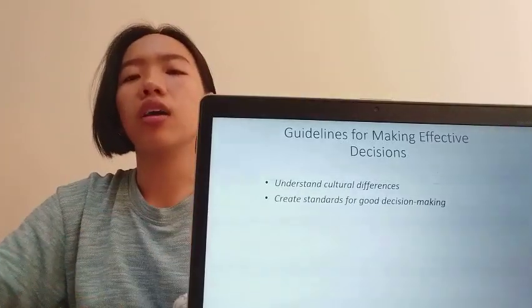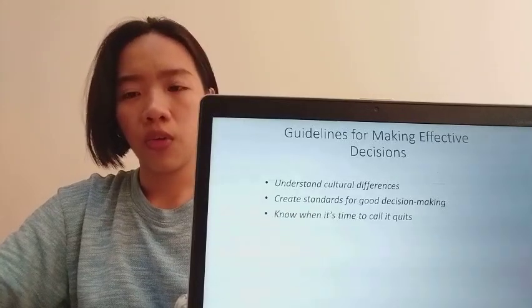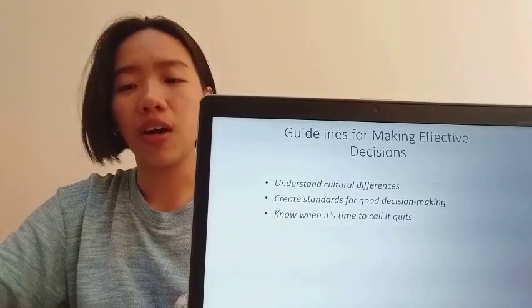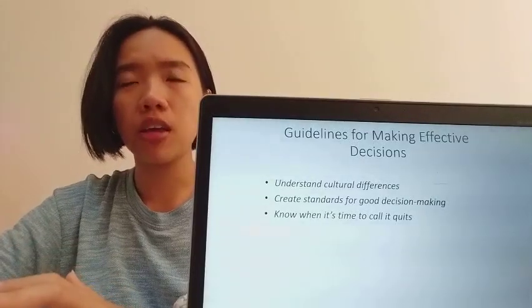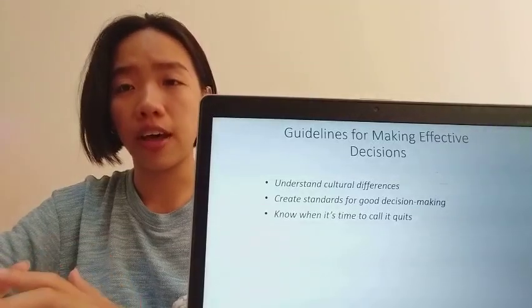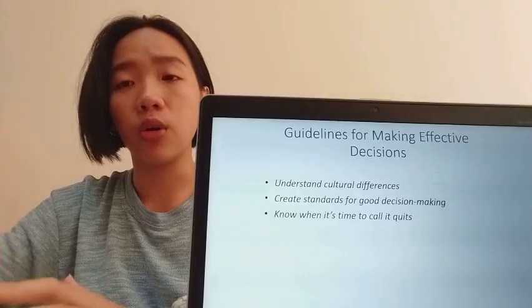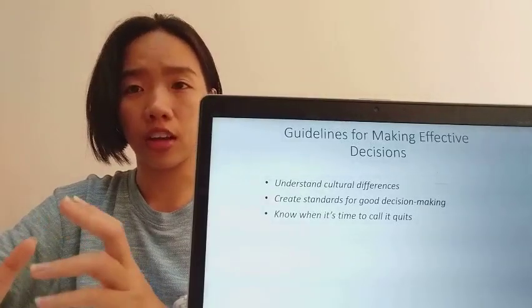The second one is create standards for good decision making. The third one is know when it's time to quit, because a manager can make a mistake at the very beginning of the plan, but if they know how to quit, they can avoid the company losing a significant amount of money.